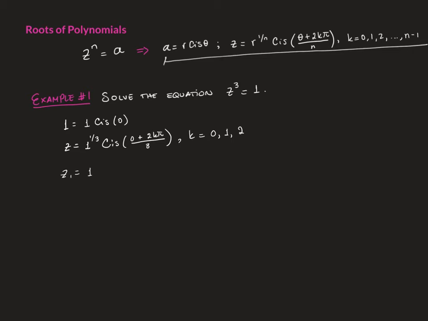That is going to be 1 cis of 0 over 3, that is equal to 1. The second value of z, when k is equal to 1, is going to be 1 cis of 2 pi over 3. That is the same as 1 cis of 2 pi by 3.